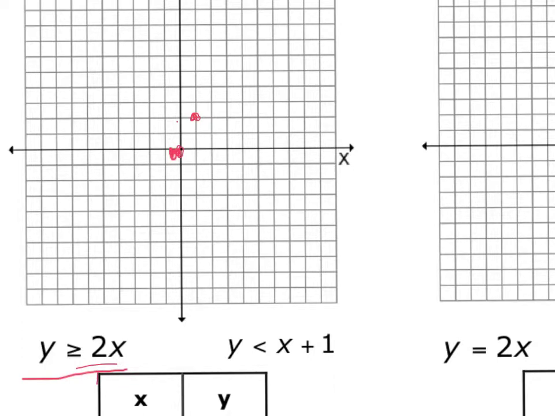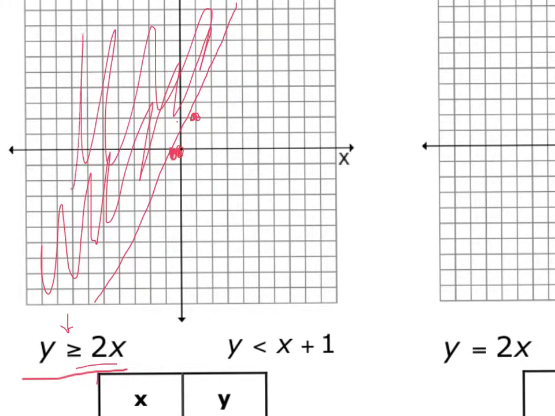Since we have an equal to sign underneath the inequality sign, you're going to draw a solid line. Since all of our y values need to be greater than that line, you're going to shade above it. This should be review of everything we covered last unit.